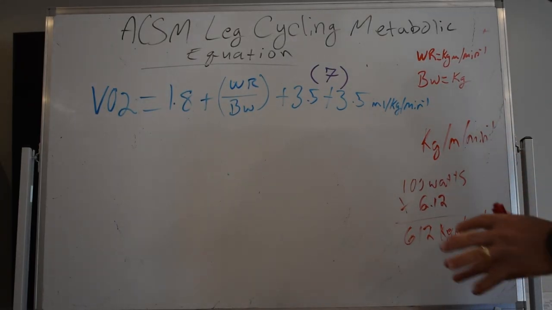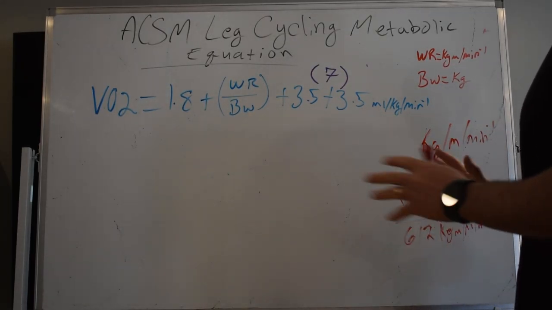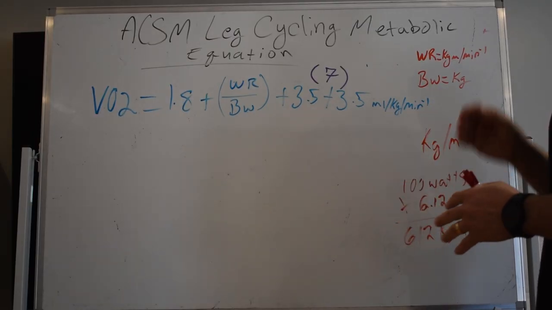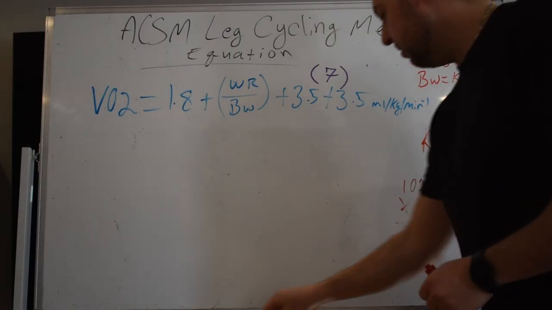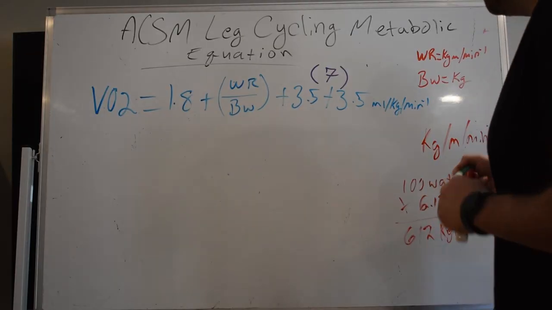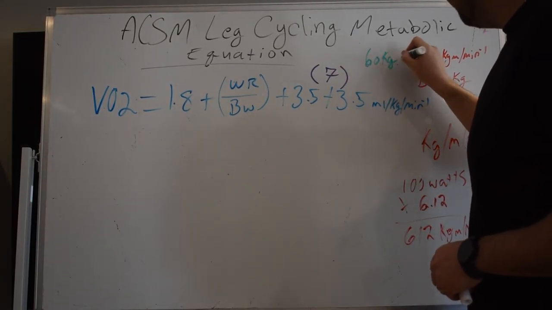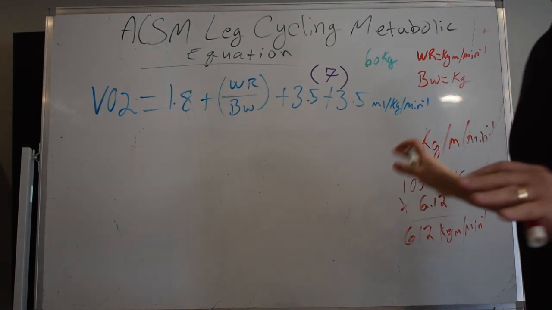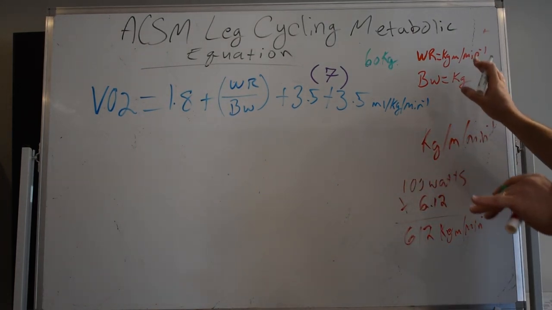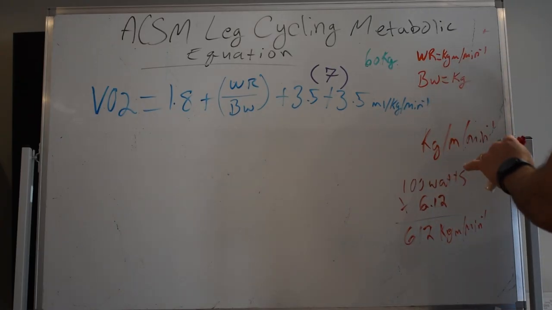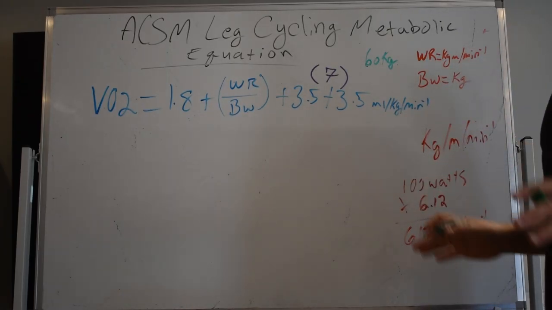All right, now let's go ahead and do an example. Let's say that we have a 60 kilogram individual. So we know right off the bat, we don't have to do any conversions. I don't have to change the body weight into kilograms because it's already there.